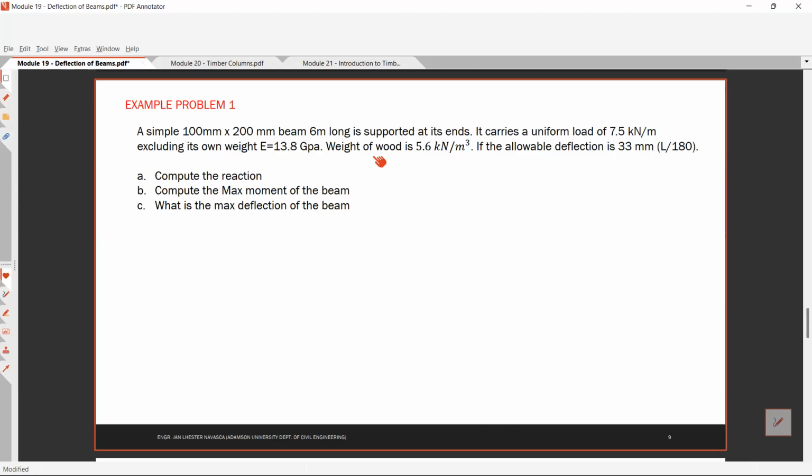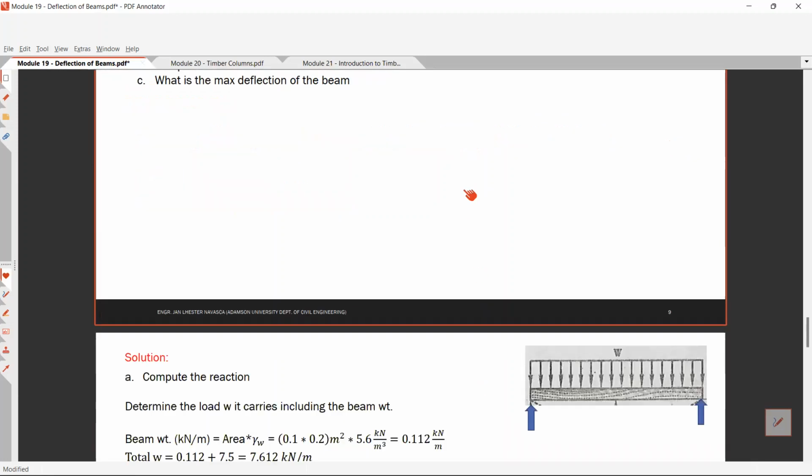The weight of the wood is 5.6 kilonewton per cubic meter, and the allowable deflection is 33 millimeters, which comes from L over 180. The problem: compute the reaction, the maximum moment of the beam, and the maximum deflection of the beam.